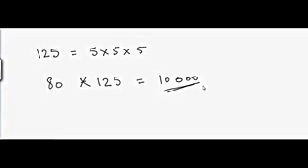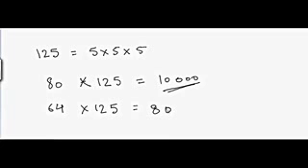So again, let's take another example. If I have 64, as we know that 8 into 8 is 64. So in this case, if I multiply by 125, that will be equal to 8, because we divided 64 by 8, and then put 000 in the end.